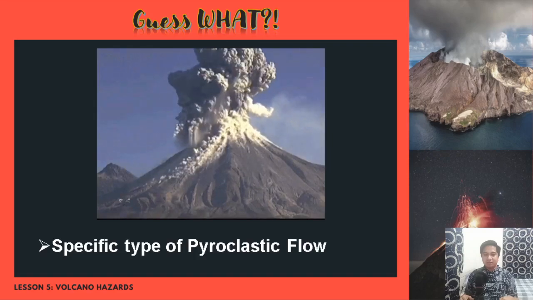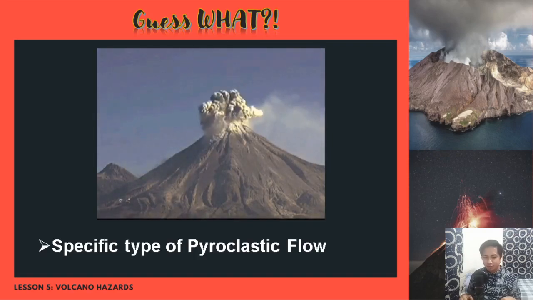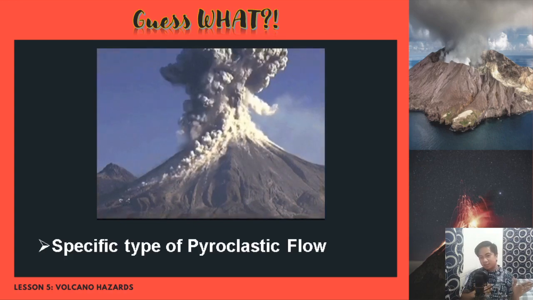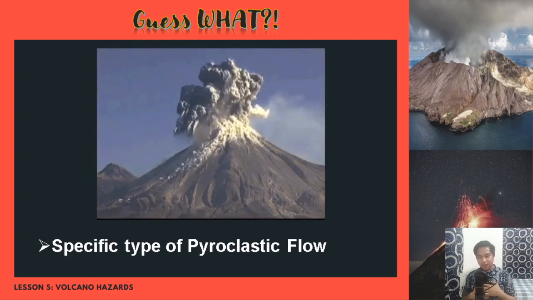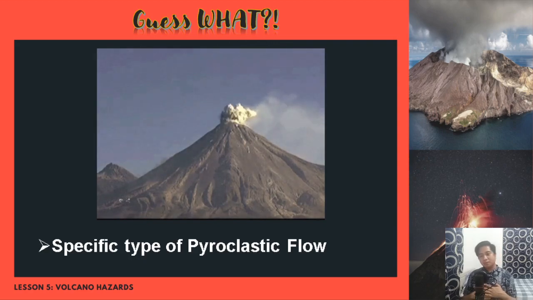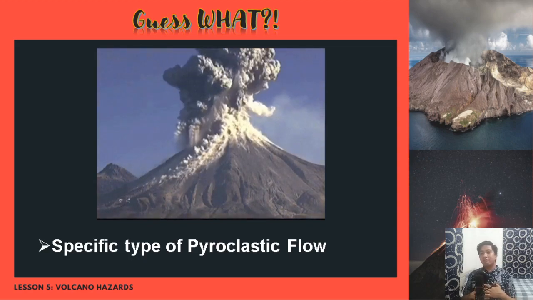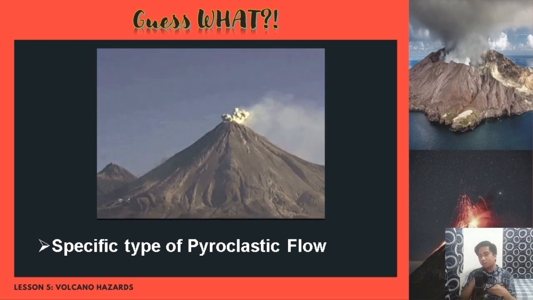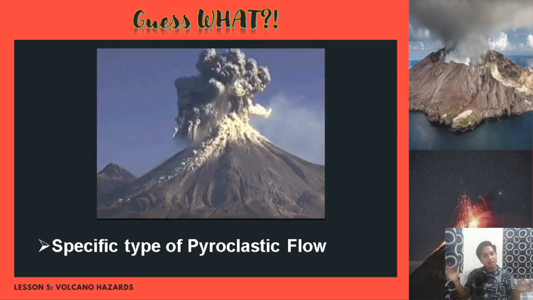Next, what specific type of pyroclastic flow is this one? So, kagina, we have discussed the three types of your pyroclastic flow. If it is Merapi, usually it is lava first. In your Pelean, there is the pyroclastic flow first and then the lava.